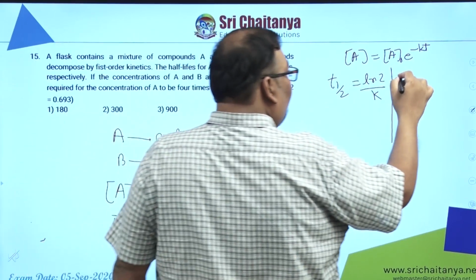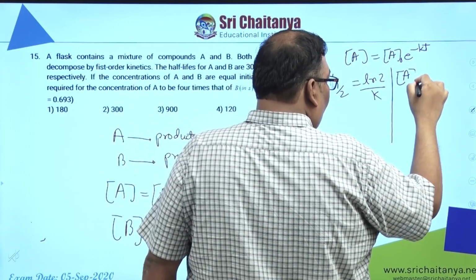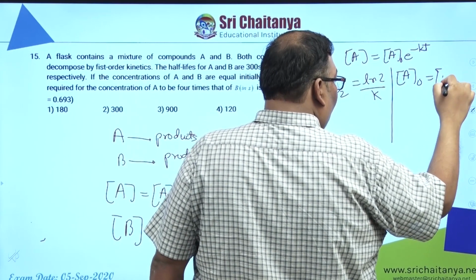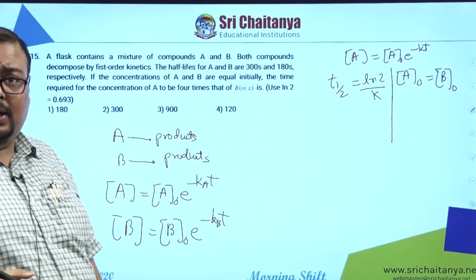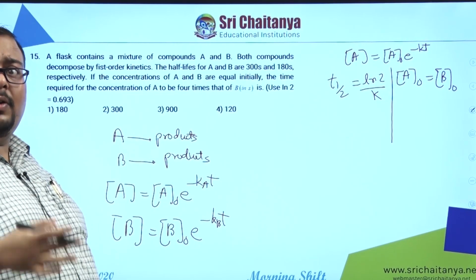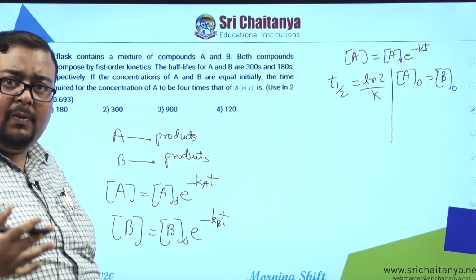This means that A naught and B naught are the same, and after time t, the concentration of A is 4 times the concentration of B.